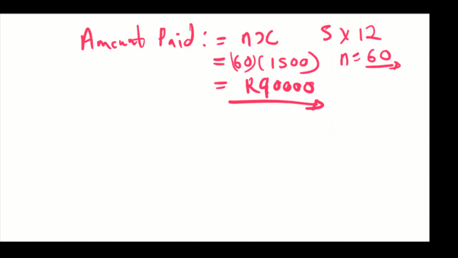And the balance, let me just write the loan that we are paying. We did calculate it in the previous question, so it was 78,173.49, right? So that was the loan that was taken.